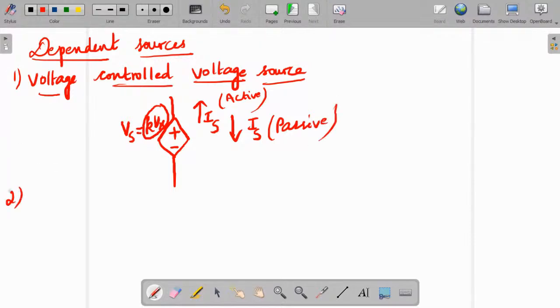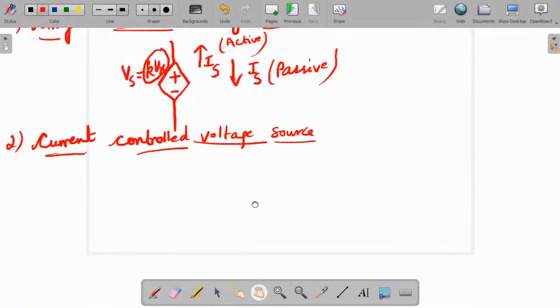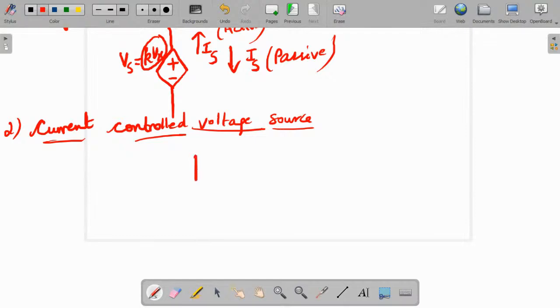So next is current controlled voltage source. So here it is again a voltage source, a dependent source kind of figure. Then it is a voltage source, whereas it is controlled by current. So Vs is equal to some K times Ix.